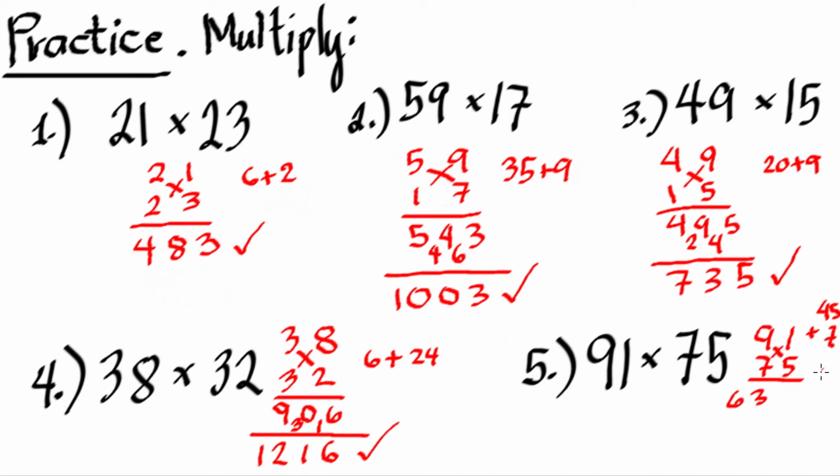So 45 plus 7 is going to give us 52. Put the 5 here as a carry, 2 here, and then 5 times 1 is just 5. Let's fix the carry. So we have 6, then 3 plus 5 is 8, 6,825. And this is our answer for number 5.